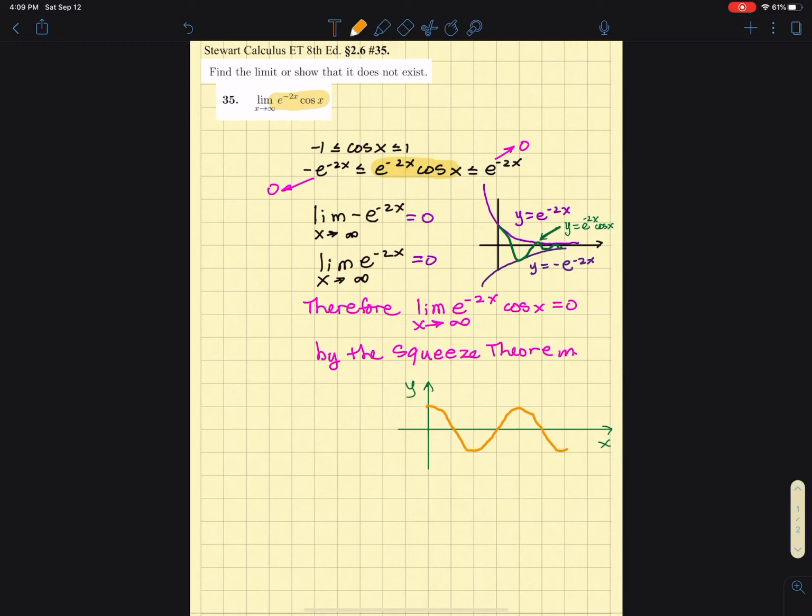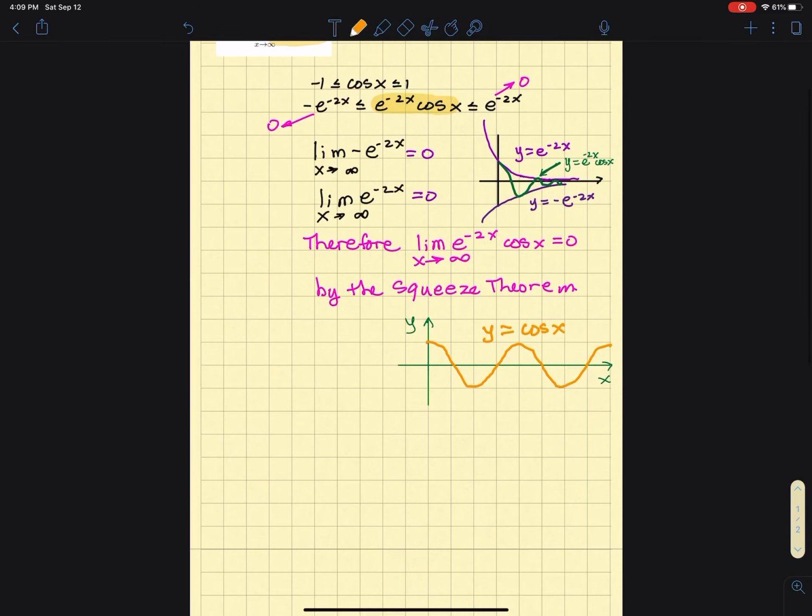And so here's our regular cosine graph, and there is no horizontal asymptote. It keeps doing that forever. And so what we can say is the limit of cosine x as x goes to infinity does not exist. And that is an important point, I think, for me to say.